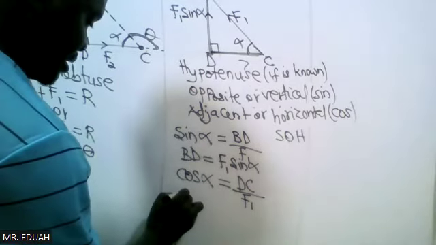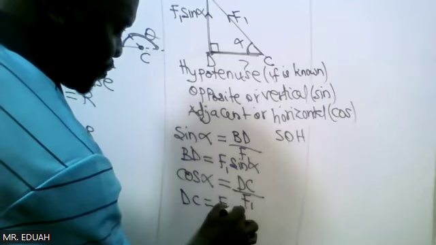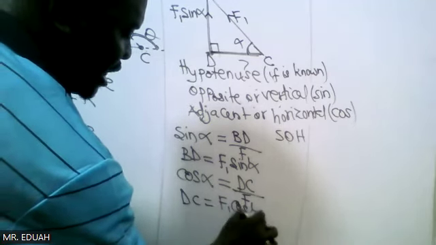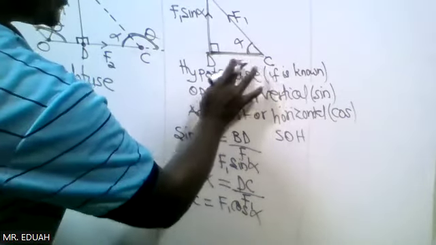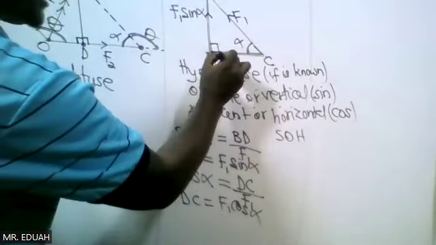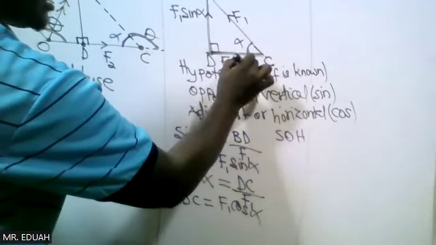Therefore, DC is equal to F1 cos alpha. So it means that this side of the right angle triangle is what I've determined: F1 cos alpha.